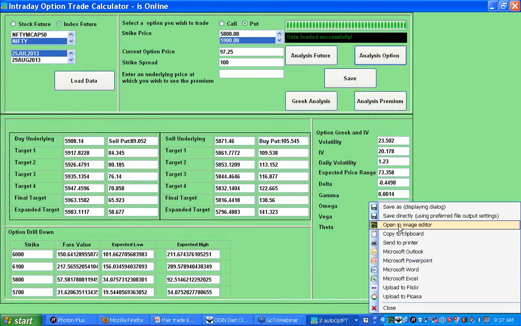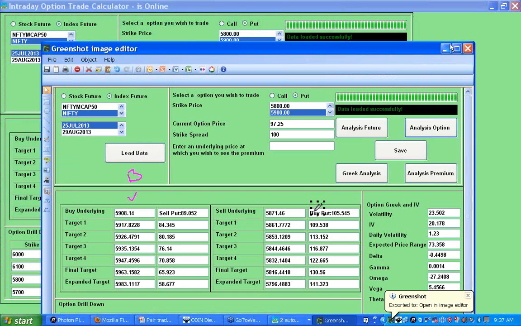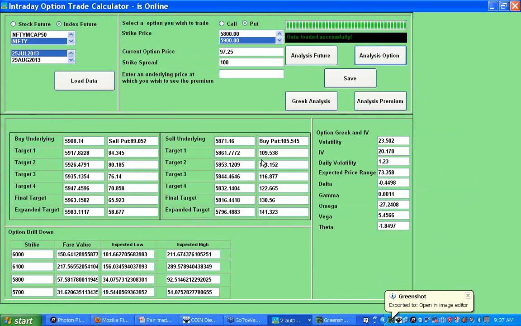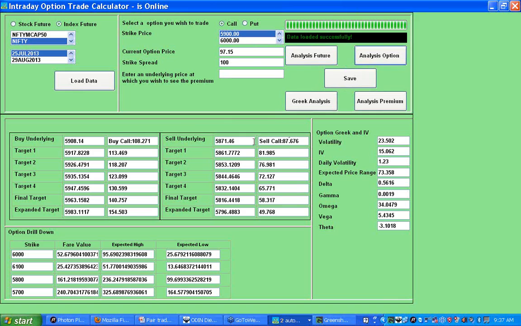Can anyone give me a very fantastic trading strategy I can develop? So assume we have drawn the 5900 call option. Now the values have changed, so based on that our buy trend and sell trend everything will change.